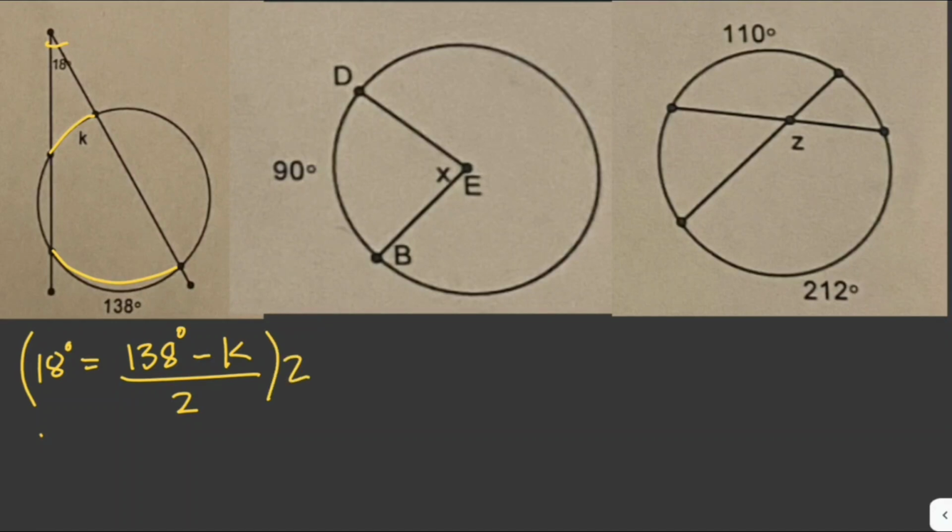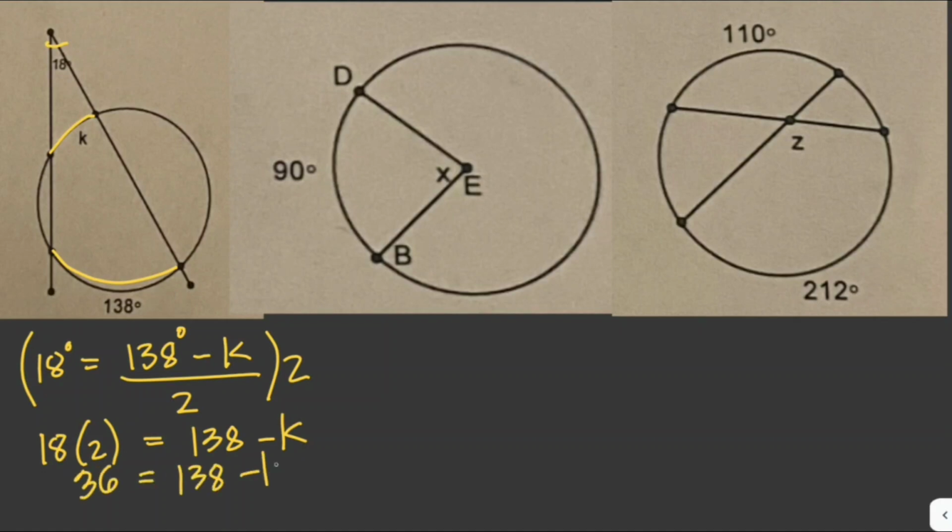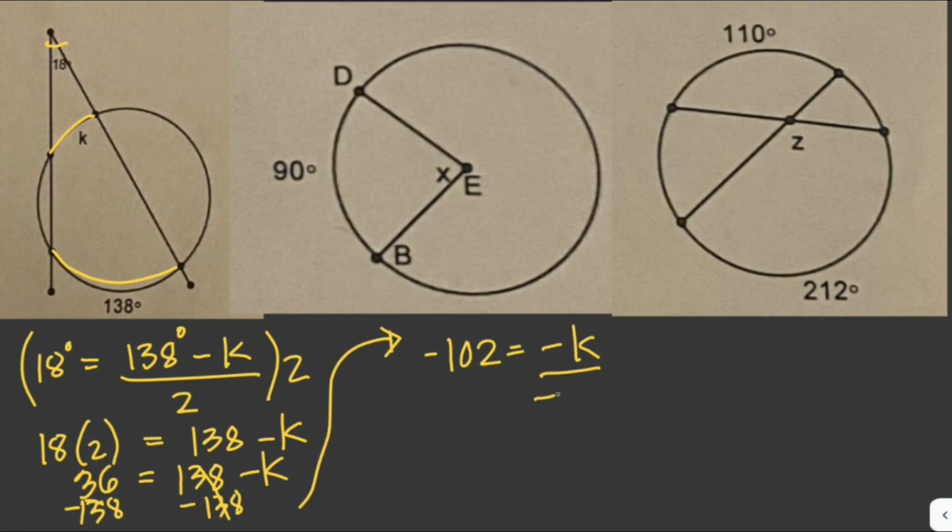We multiply both sides by 2, so that 18 times 2 equals 138 minus K. So this is 36 equals 138 minus K. We subtract 138 from both sides, so we have negative 102 equals negative K, and we divide both sides by negative 1.